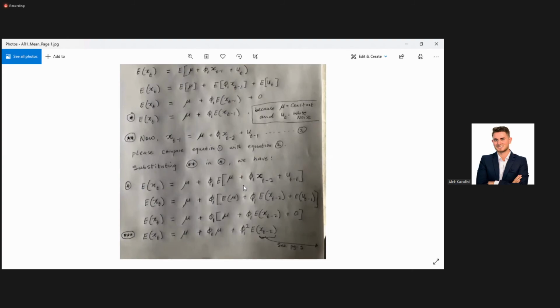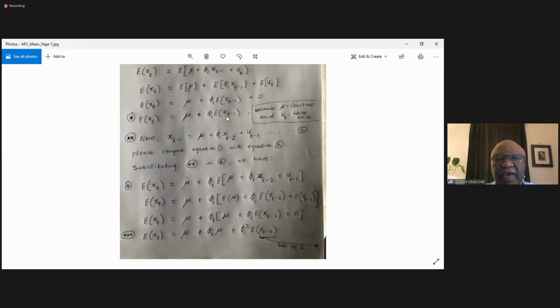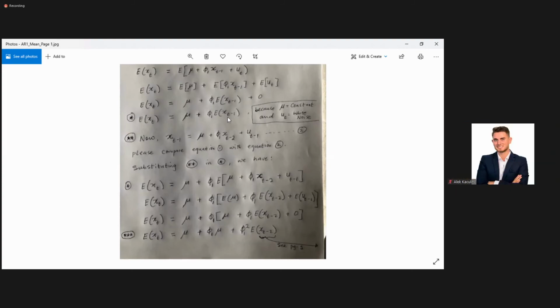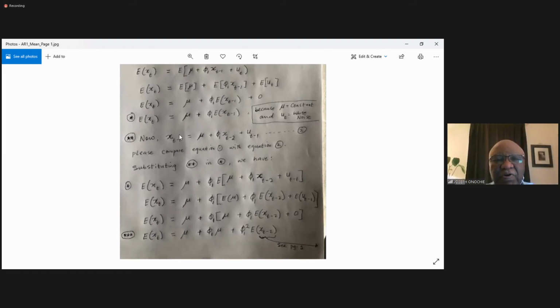You expressed xt minus 1 with a lag of xt minus 2, and then you exchange it in the expected value of xt. Exactly. So here, I just substitute this one out because I said this xt minus 1 is given by this, right?